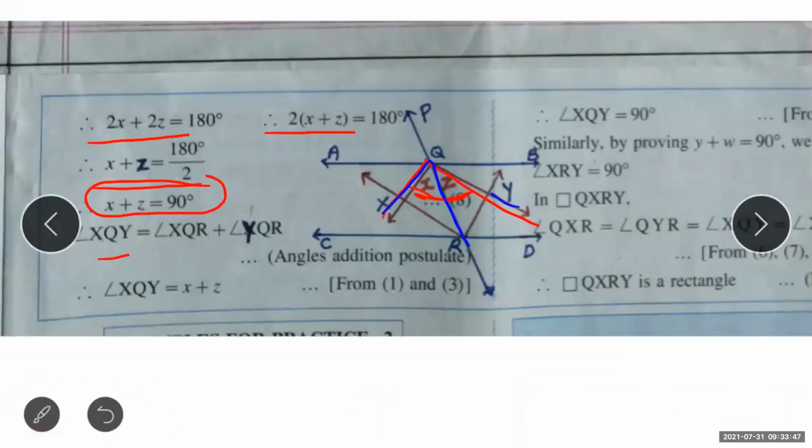So this is the half and this one because of the transversal. So that is the angle addition postulate. This greater angle divides into two angles. Okay, now put the value for each. Now angle XQR, in the diagram, you can see the value is given x.